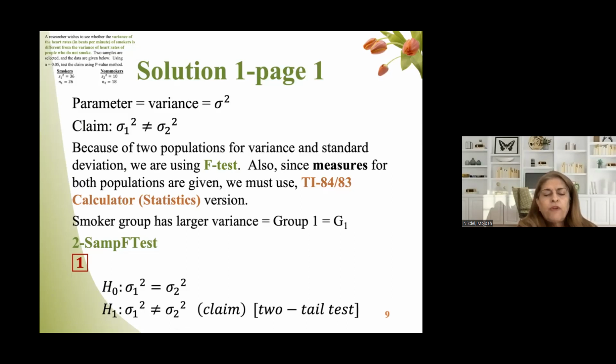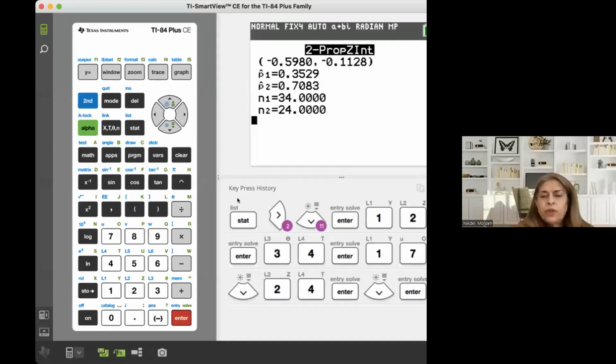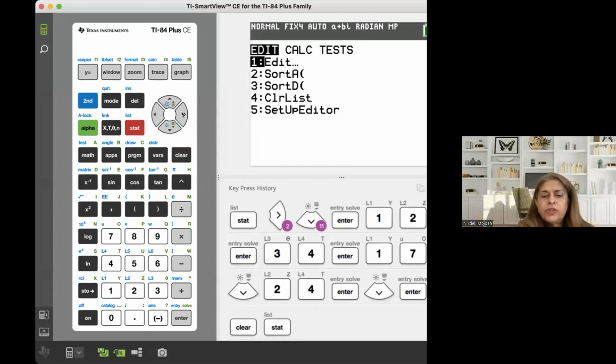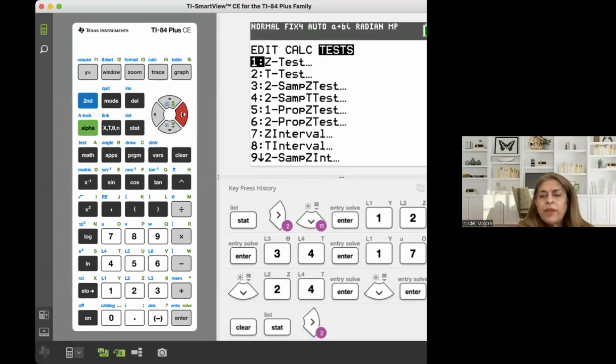Okay. To find the test value and p-value, I use my calculator. So let me stop sharing. I go to stat, test, two-sample F test.